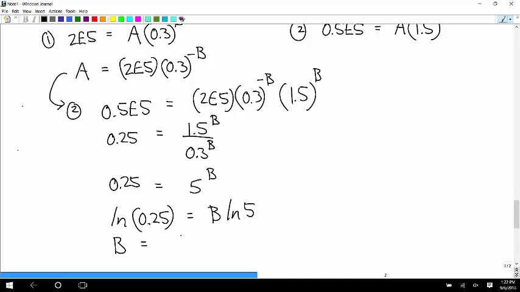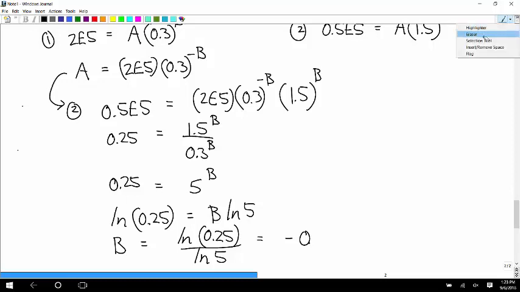So b is equal to the natural log of 0.25 divided by the natural log of 5. And I think you get 0.861.